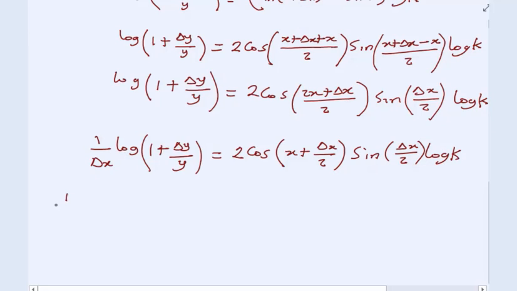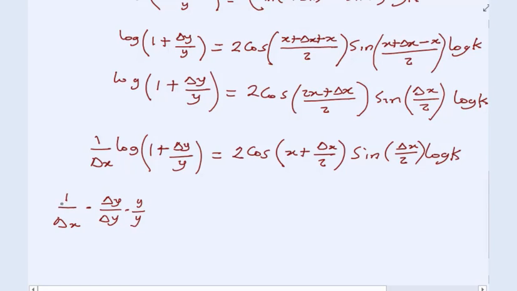I have 1 over delta s multiplied by delta y all over delta y multiplied by y over y. Now delta y divided by delta y is 1. Y divided by y is 1.